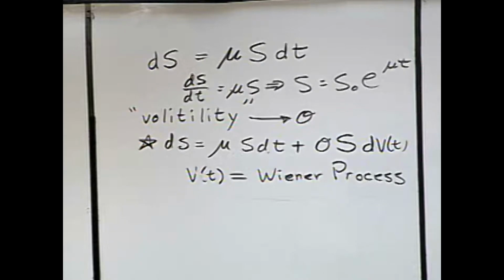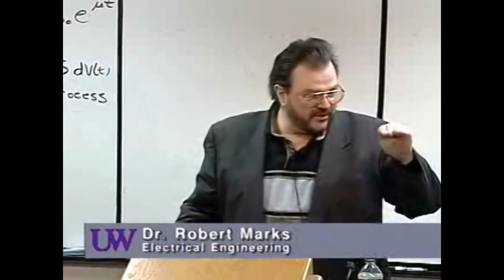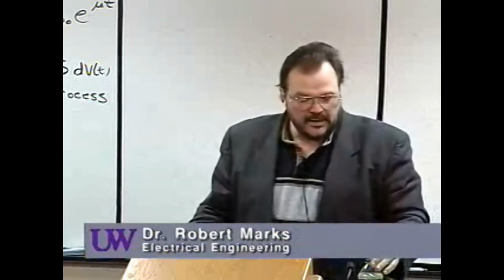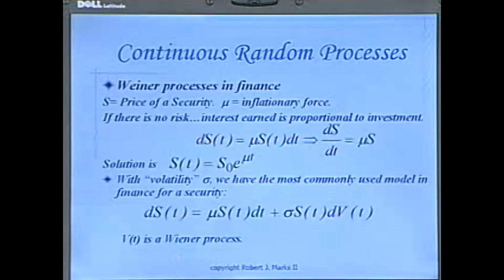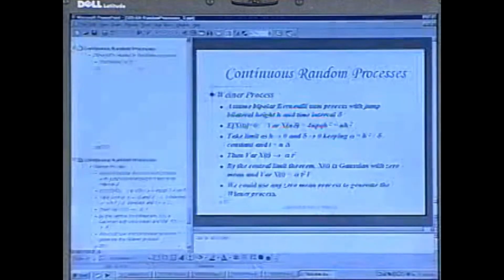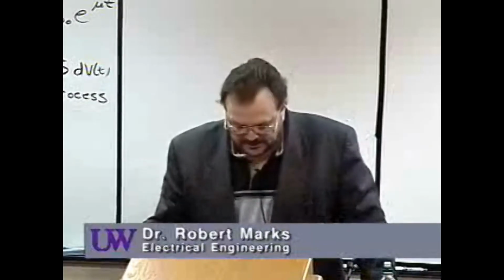The people in classical finance are typically not believers in that. The best thing you can do in forecasting the price of a stock tomorrow without looking at any other thing is to say it's the same price as today, plus a little inflationary force. Okay, so that's the result for the Wiener process.